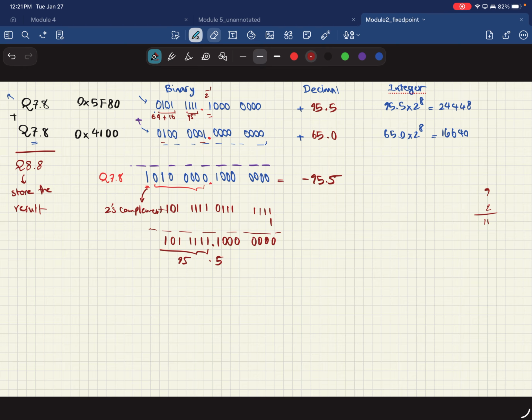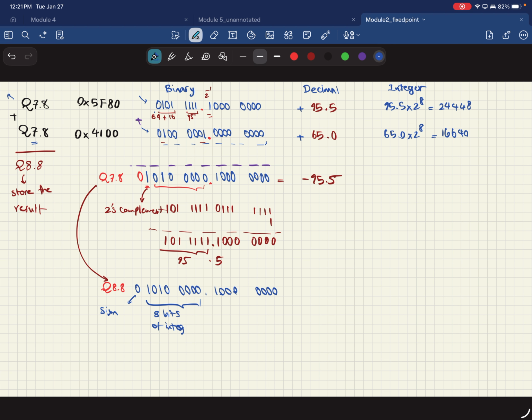Now let's see what if we interpreted this as the same integer, but as Q8.8. We said there is a 0 here, actually, because it never got added. And then in that case, this is going to be 0, 1, 0, 1, 0. The same number, right? But this time, this is the sign, and we have 8 bits of integer.